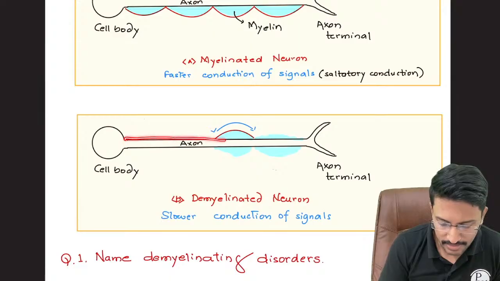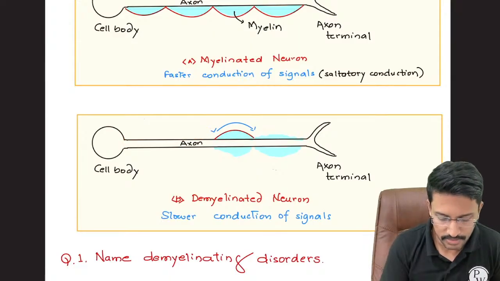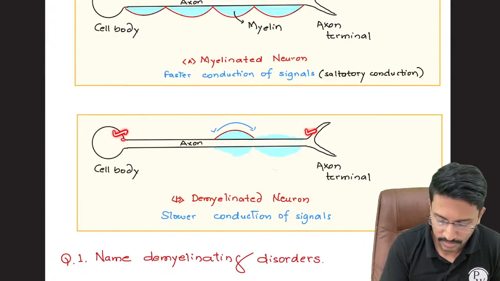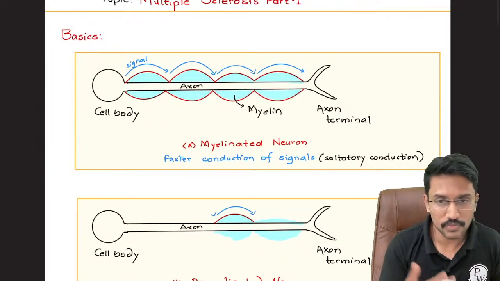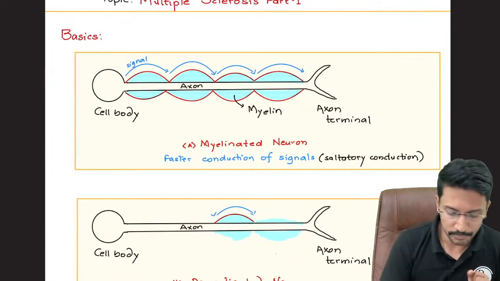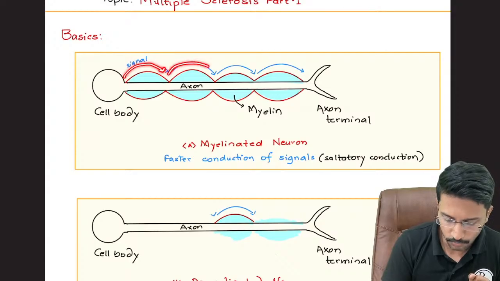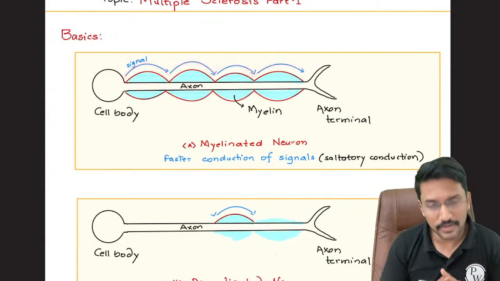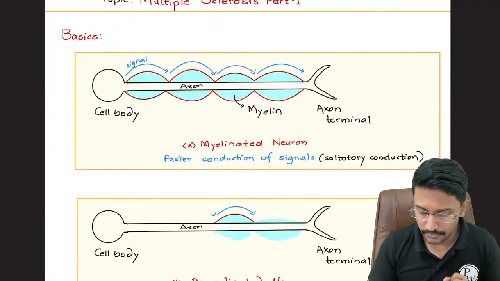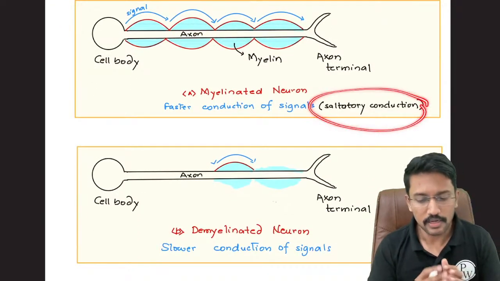So obviously this will take longer. The signal will reach from the cell body to the axon terminal with a longer duration in comparison to the neuron where myelin is present. If myelin is present, the signal will jump faster from one node of Ranvier to the next. This kind of conduction we call saltatory conduction.